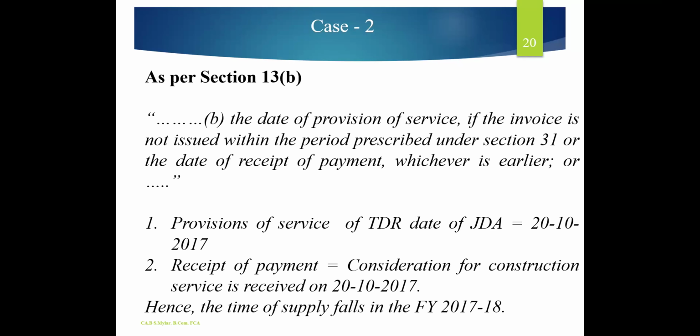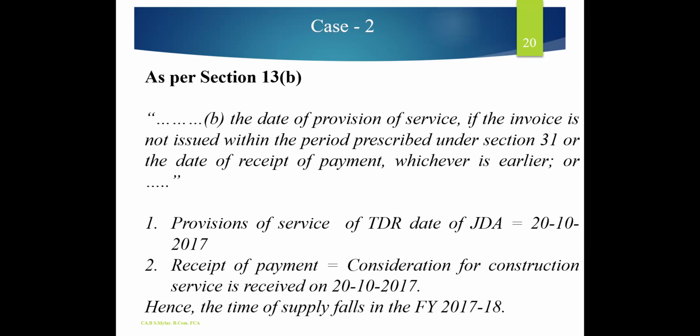One, the provision of service of a TDR is 2010-2017. There is no dispute and it is a forward charge. Receipt of payment, one view: the consideration for a construction service is received on 2010-2017. Can this be linked to payment?